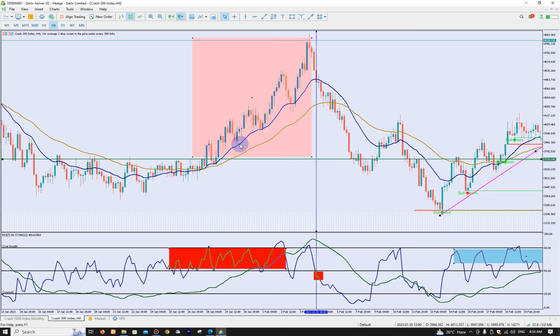You can just wait for a close touch on the moving average, and enter a long position when price comes within this zone. See what happens. As long as the RSI is above the level 50, you can keep riding until we have a breakout structure.